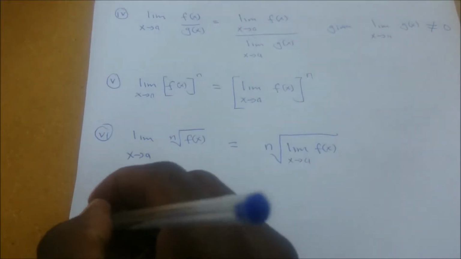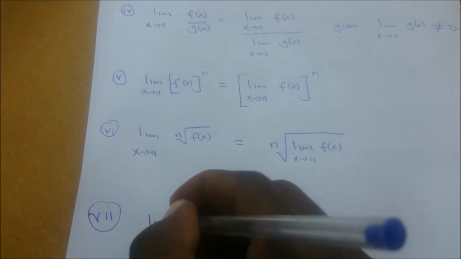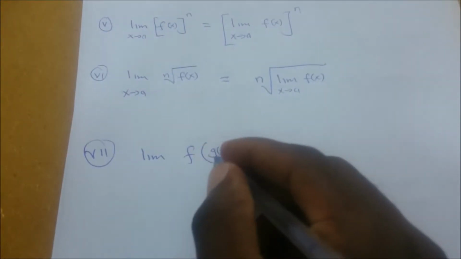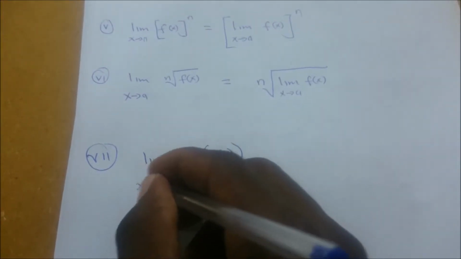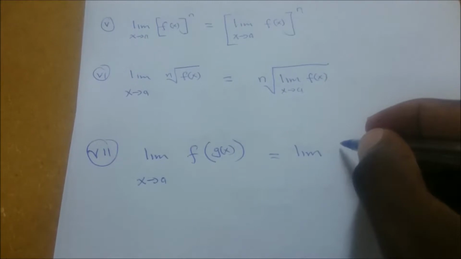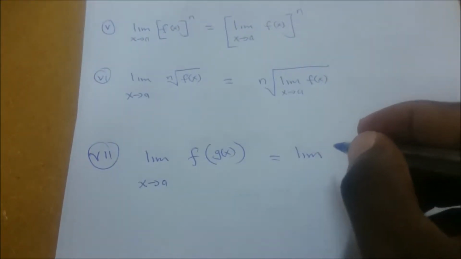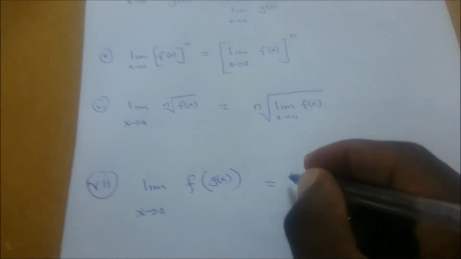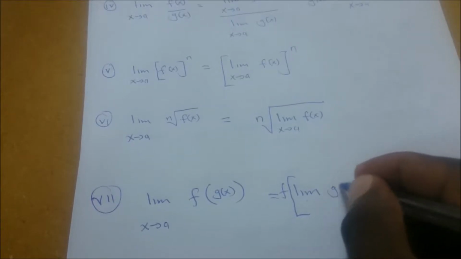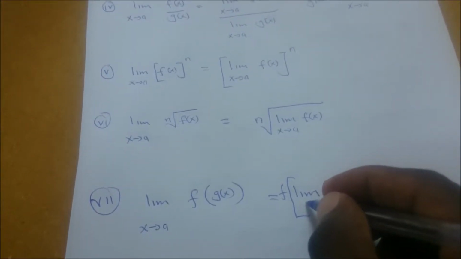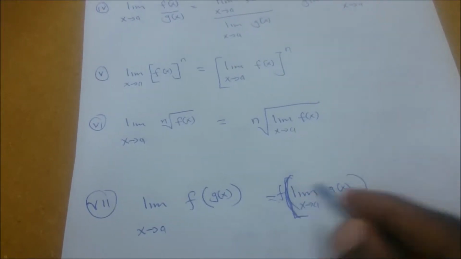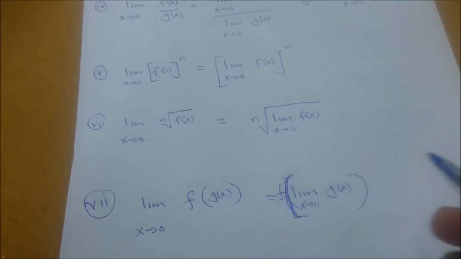Oh, actually we've forgotten one, which is the limit of f of g of x as x is approaching A. This one will be equal to f of the limit of g of x as x is approaching a. Here what I'm just saying is you find f of the limit of g of x. That's what I mean here.